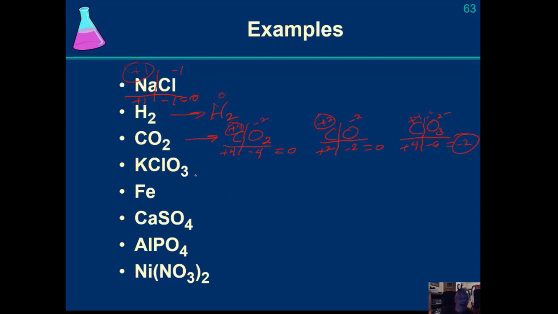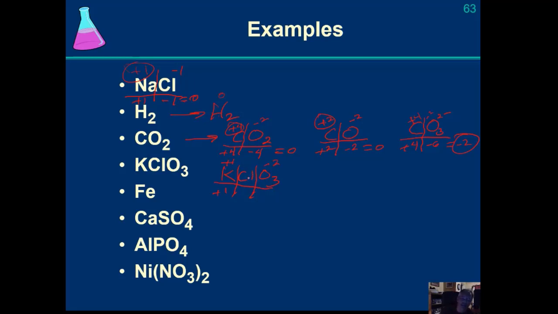Let's take a look at this. This is potassium chlorate. So that's going to be KClO3. We split the elements up. Potassium is in group 1. We can go ahead and give it that +1 charge. That's the only charge that the alkali metal cations have. Oxygen is more electronegative than chlorine is.